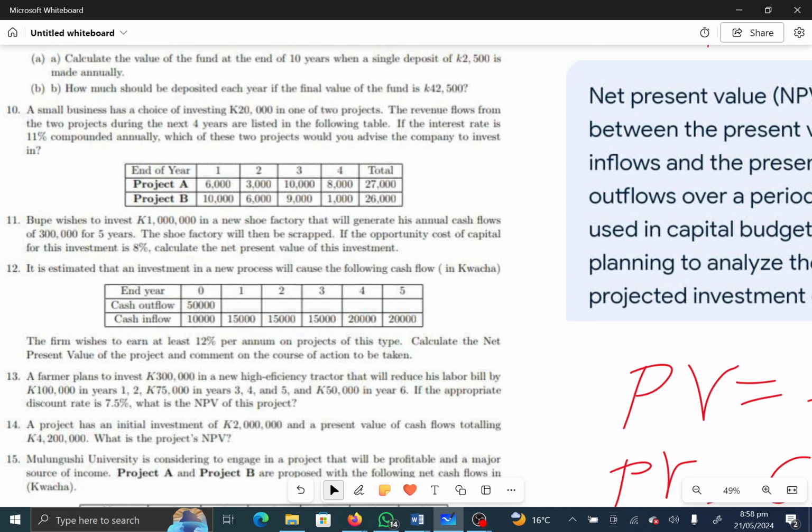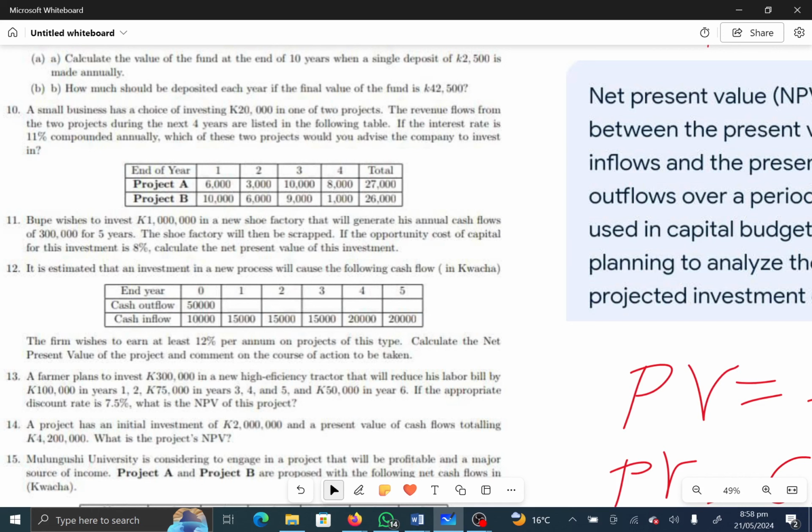We are told that 20,000 is the investment amount, the amount to be invested in the two projects. So this 20,000 was the initial capital amount.